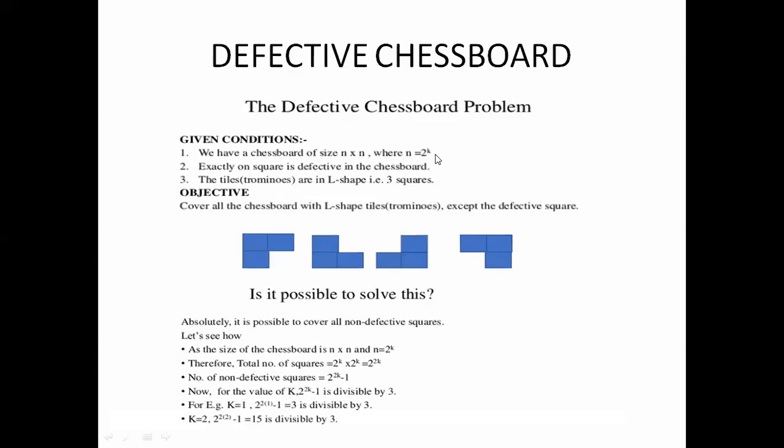Here we have exactly one square that is defective in the chessboard.